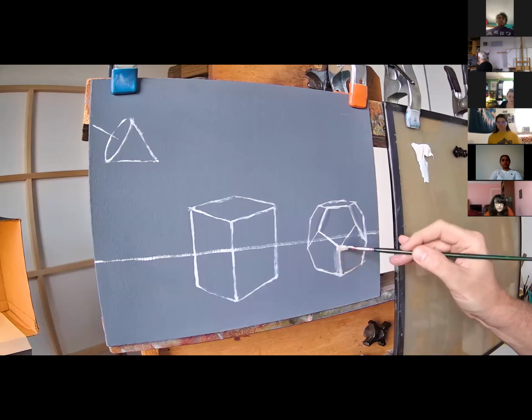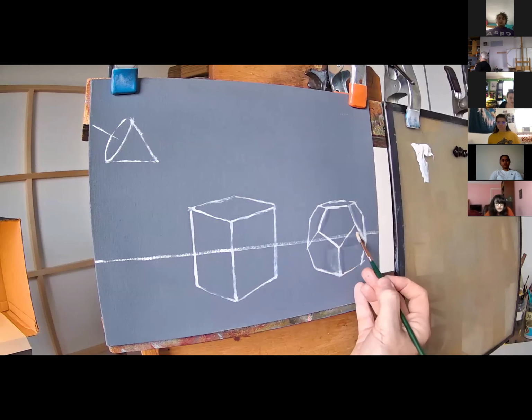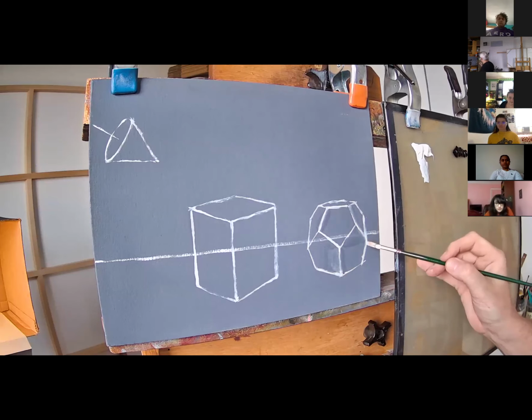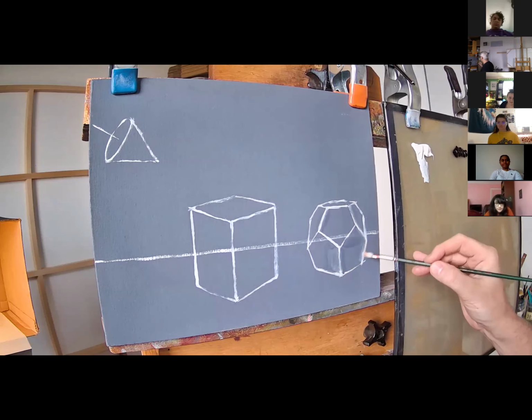So I'm just going to clean up my dodecahedron a little bit. My imperfect dodecahedron, but it'll do. So these are two objects that are very clearly constructed of planes.